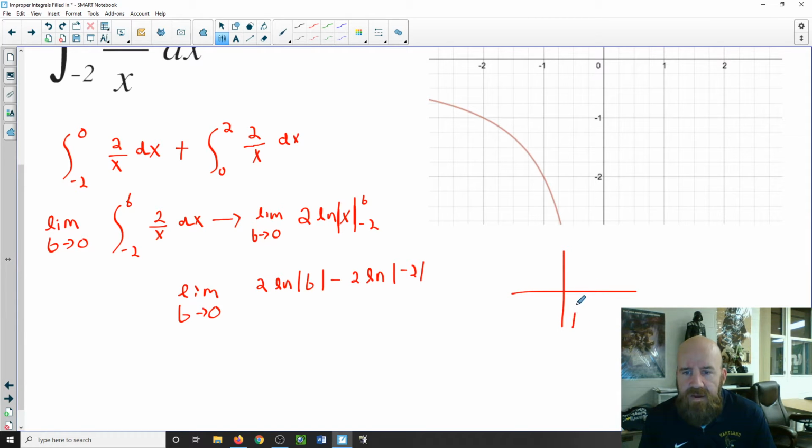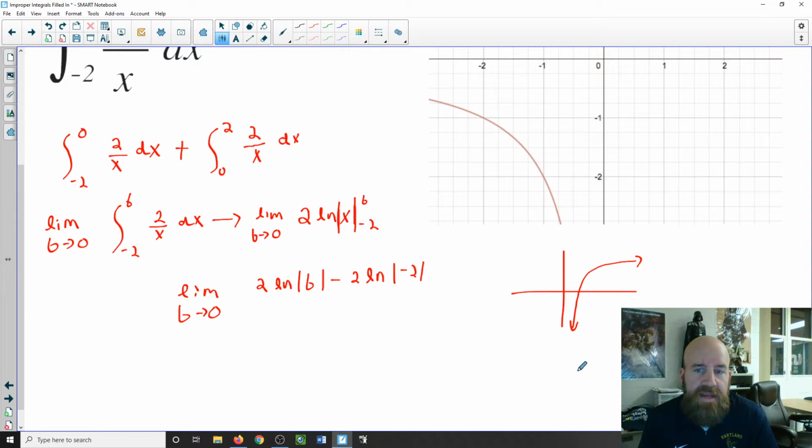we have to think about what the natural log looks like again. So we need to know what the graphs look like. Your natural logs, your exponentials, any of these, we need to be very comfortable with what the graphs look like. So as I approach 0 for natural log, going to the left, what's happening with the function?